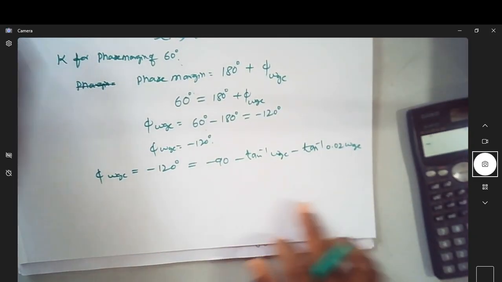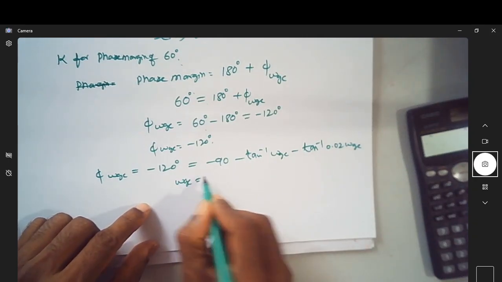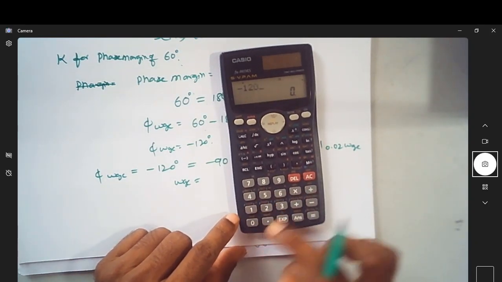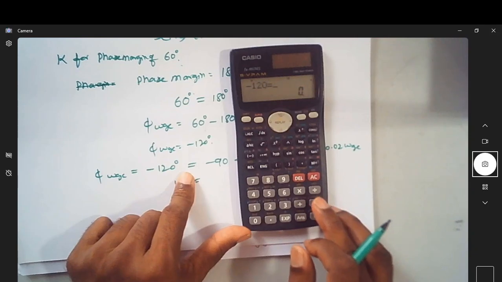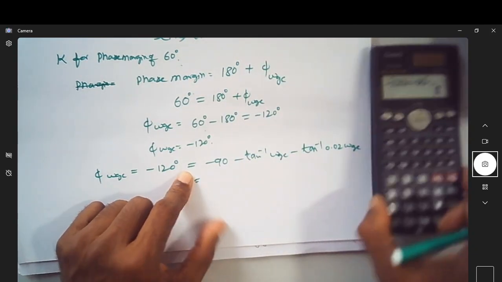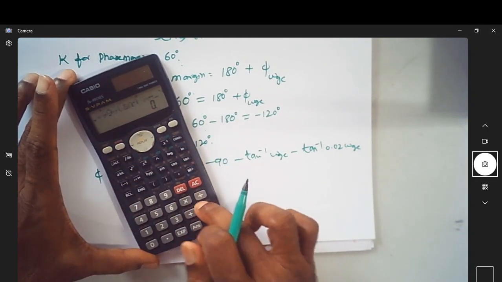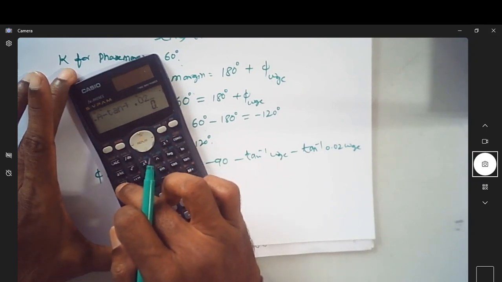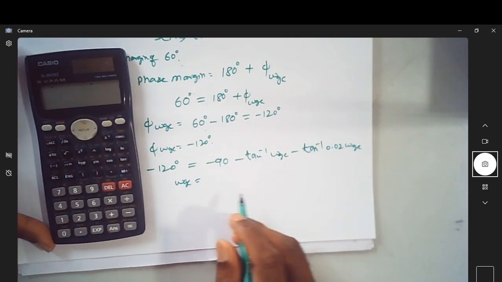Using the equation, we are trying to find omega GC which should give a phase angle of minus 120 degrees. So minus 120 equals minus 90 minus tan inverse of omega GC minus tan inverse of 0.02 omega GC. Now this will give me omega GC.